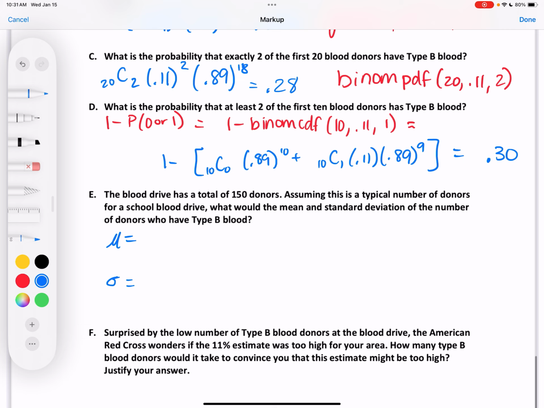Mu equals NP. And what about standard deviation? The square root of NPQ. So this will be 150 times 0.11. And then the standard deviation would be the square root of 150 times 0.11 times 0.89.